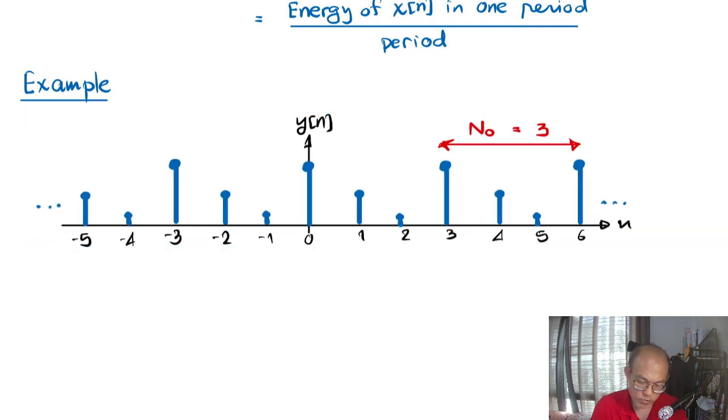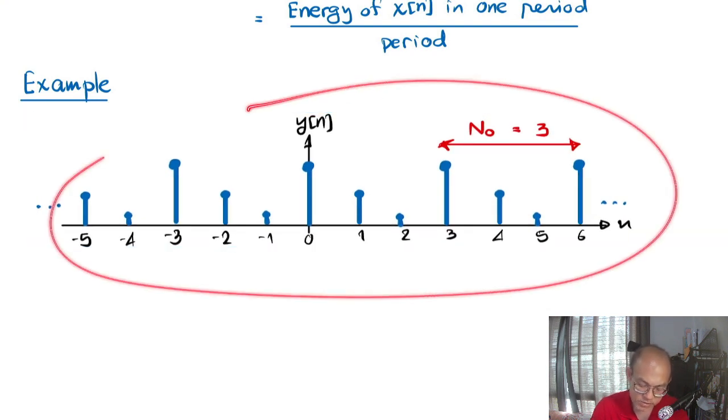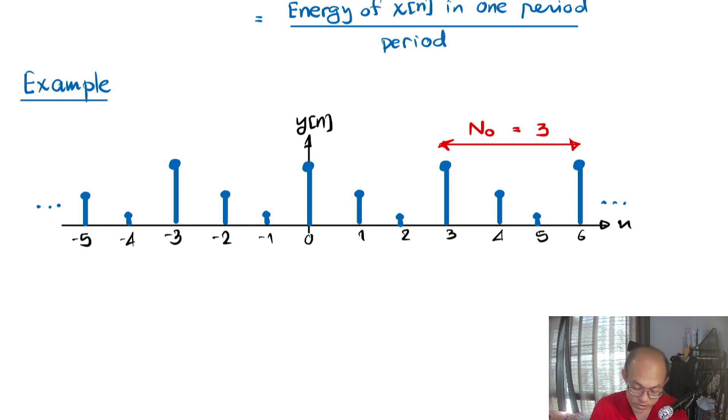So we're going to try to find the power of this signal y. Now you see y here is periodic, so the energy is not defined, because the energy of any periodic signal would be infinity, so we're not going to be able to feel the strength of y. So we're going to compute the power instead.